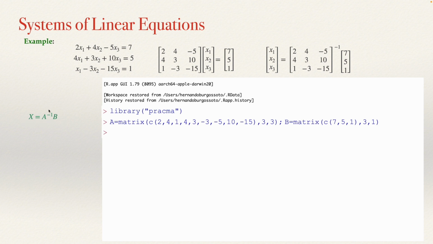And you want to know what x was. So just type the formula. x equal the inverse of A multiplied by B. Remember that the multiplication sign for matrices will be enclosed in percent signs.